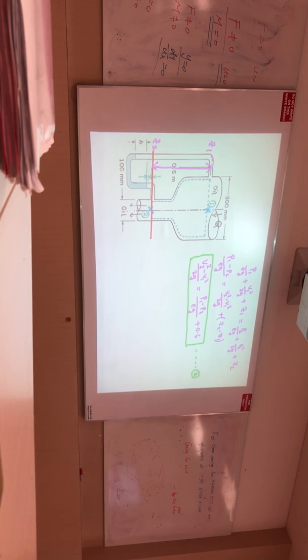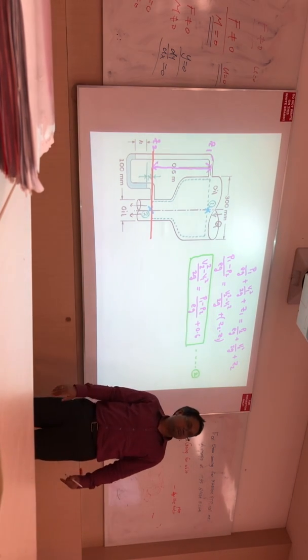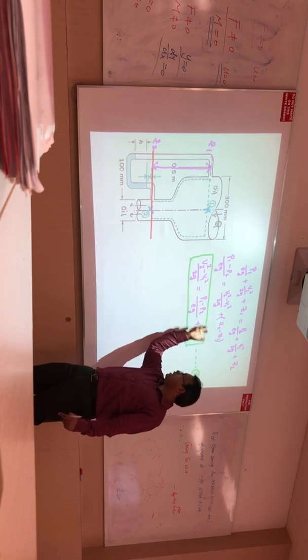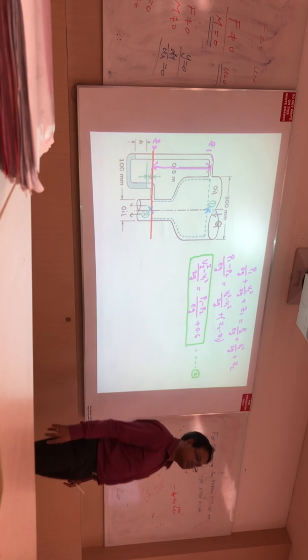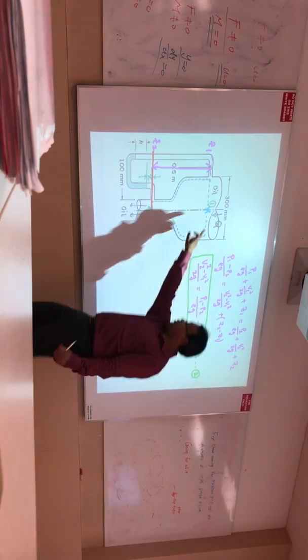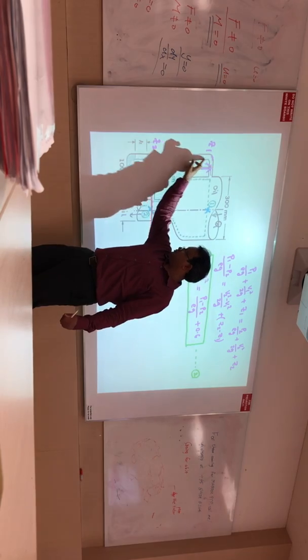Now I am going to find the value of P1 minus P2, correct? When I get the value of P1 and P2, I substitute here, problem is solved. Now, how can you find P1 minus P2? From the manometer. Here is P1, here is P2, right? The traveling method.